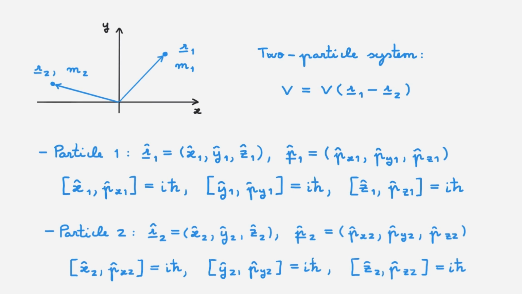Any mixed commutators involving an operator associated with particle 1 and an operator associated with particle 2 also vanish. To put it another way, we have 12 operators grouped in 3s, here, here, here, and here. Then all commutators between these 12 operators vanish, apart from these 6 commutators written down explicitly here and here.